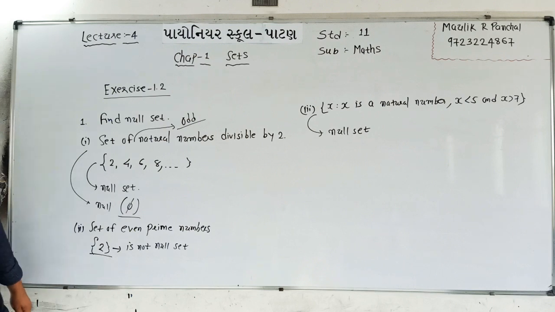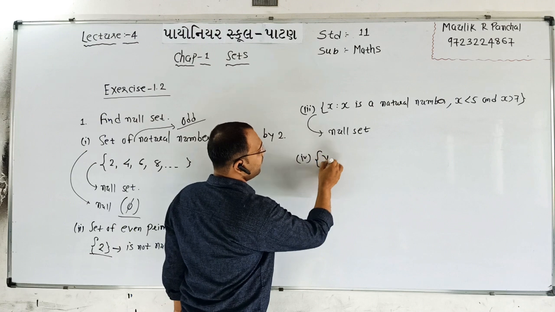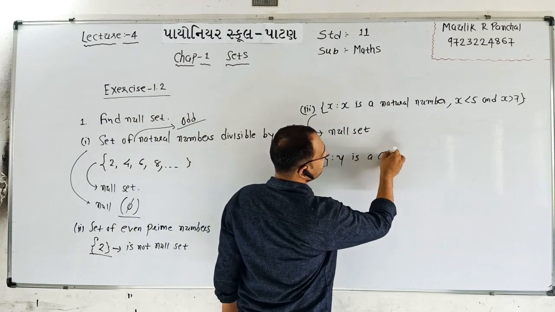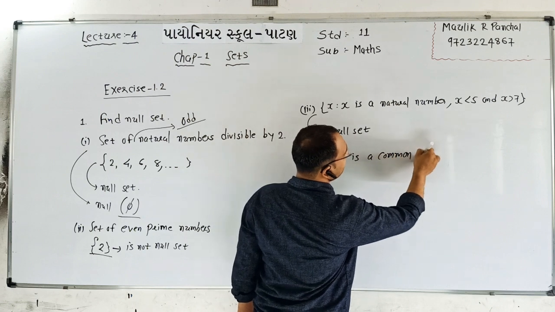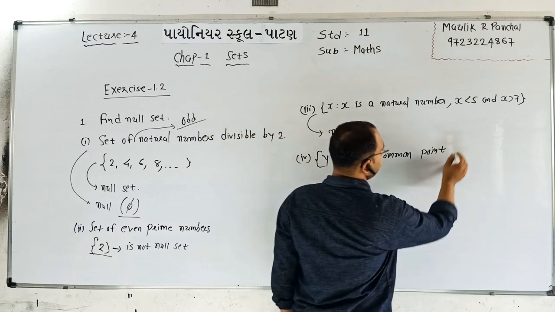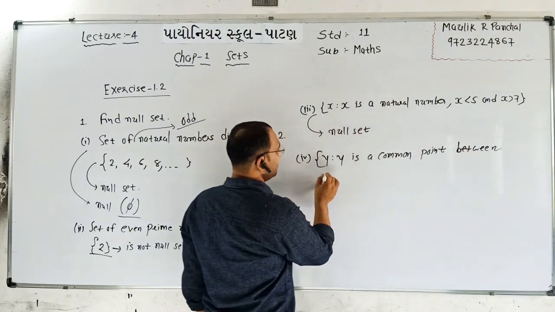Fourth, y such that y is a common point between two parallel lines.